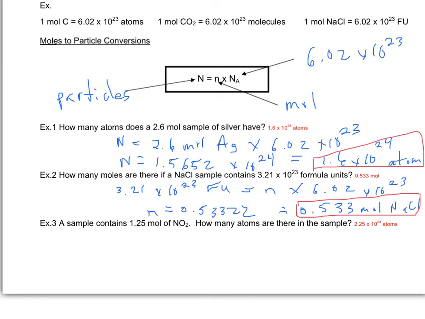Example 3 involves the particle equation and also converting from one type of particle to another. It tells us that a sample contains 1.25 moles of NO2 and asks how many atoms are there in the sample. To start, we can figure out how many particles of NO2 there are.